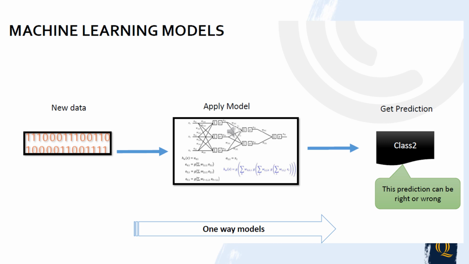As you can see in the diagram, this type of model is a one-way model, meaning the prediction is made in a single pass through the network. After getting the prediction, we can validate its accuracy by comparing it to the actual results. This helps us refine the model further or make necessary adjustments to improve its performance.